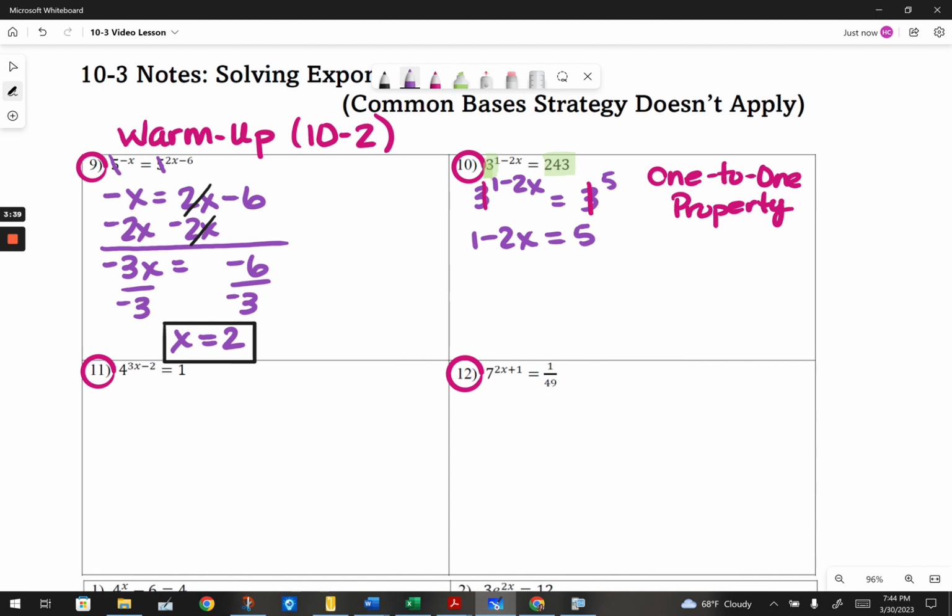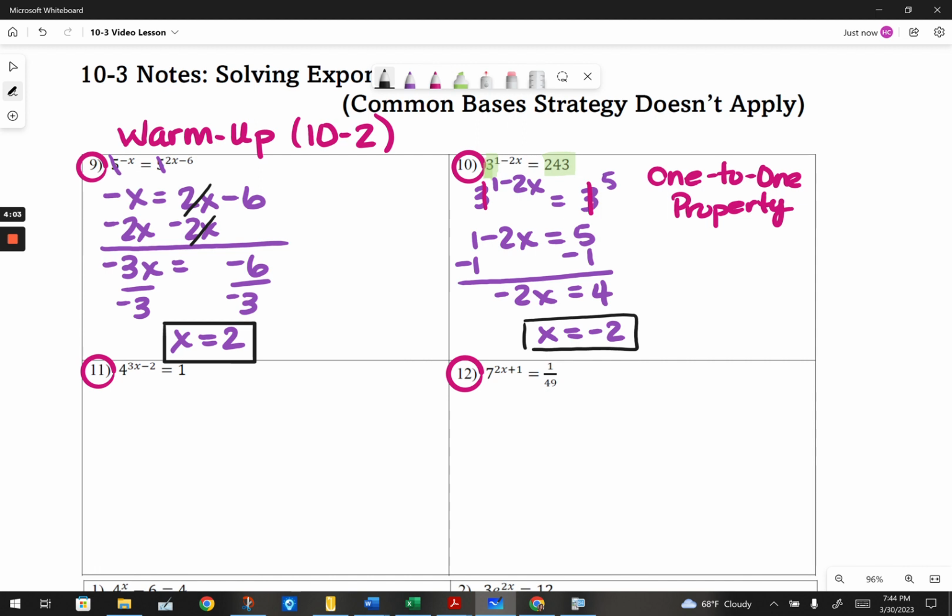So I'm going to move the 1, which requires me to subtract 1 on both sides, bring down the negative 2x. 5 minus 1 is 4. And once I divide both sides by negative 2, I'm going to get x equals negative 2 for this one.